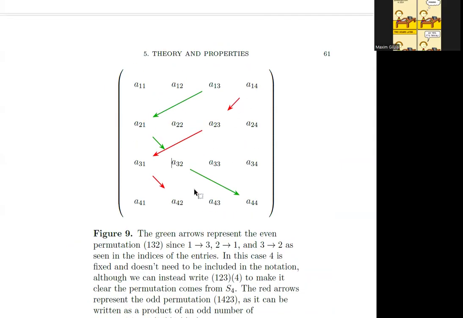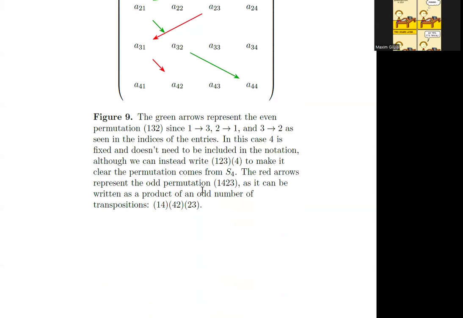You see, these are not from diagonals. The unique diagonal containing this has to be this. And the unique diagonal containing A13, A21, that's not a diagonal for sure. If it's a diagonal, it would have to contain these, but then that would be just this one.